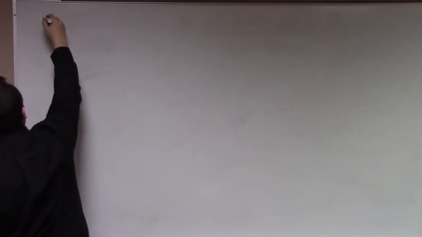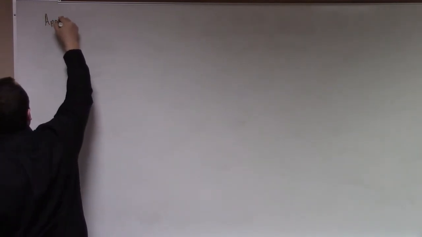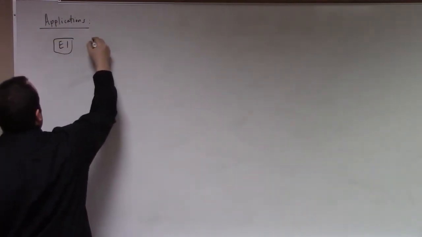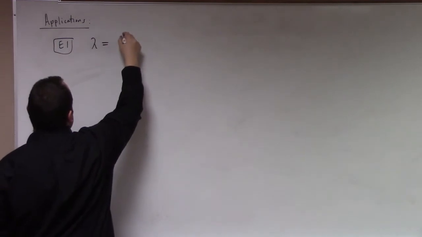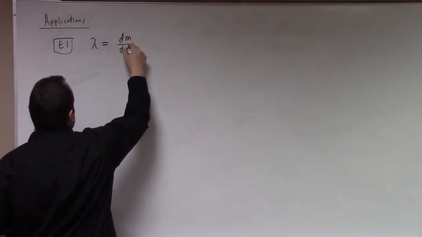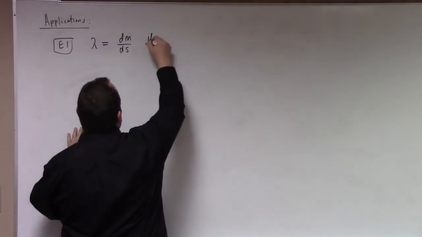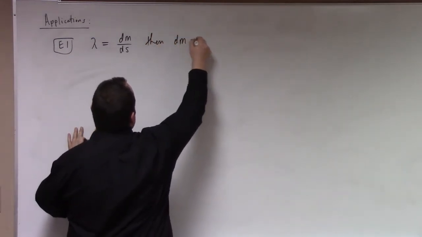So here are some other interpretations, or applications really. Example 1: if lambda is equal to the mass per arc length, so mass per unit length along a string or something, then of course dm is lambda ds.